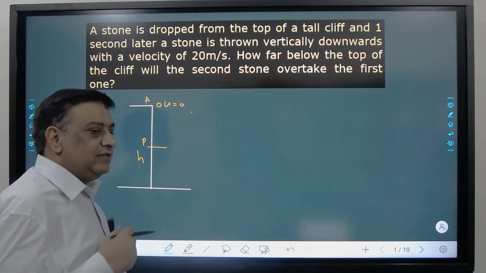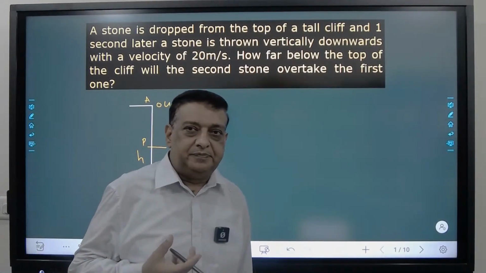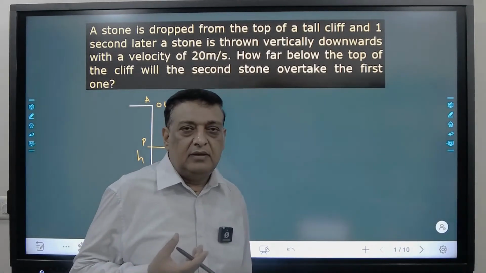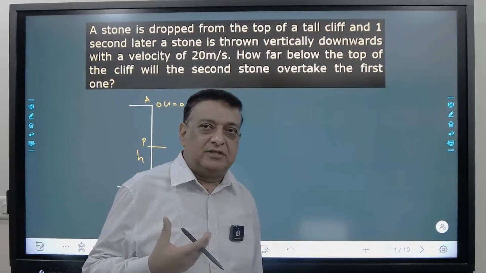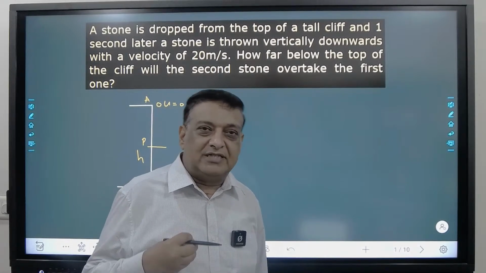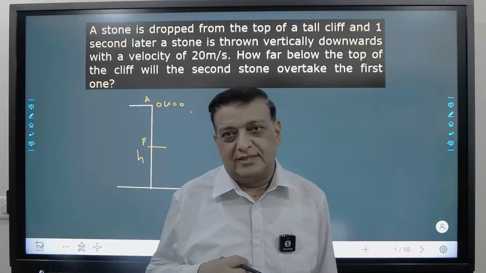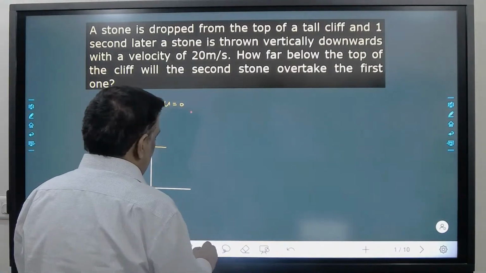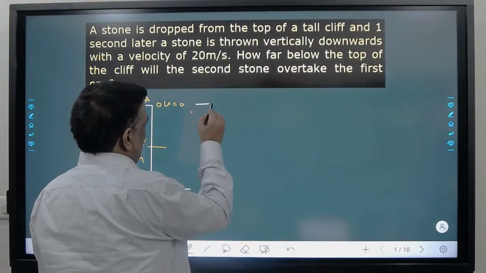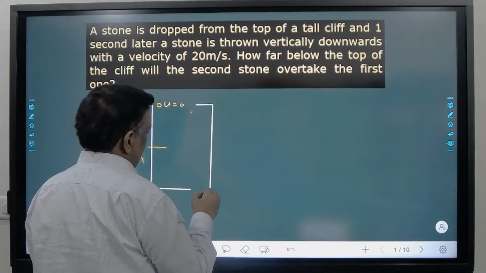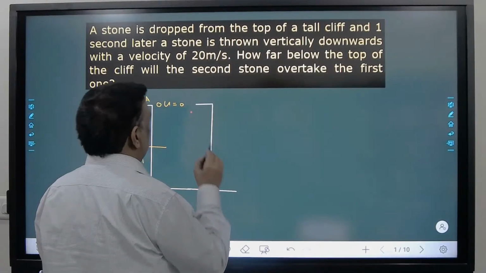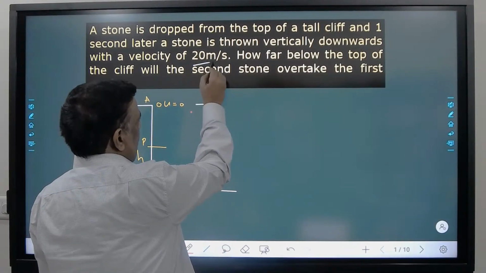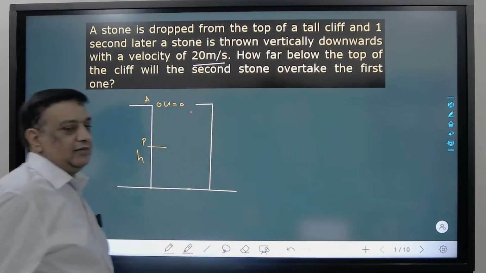Now another body which is dropped 1 second later will overtake the first. If it overtakes the first, it has to travel the same distance. So we say second body is dropped from the same point, but 1 second later, and it's thrown with a velocity of 20 meter per second.